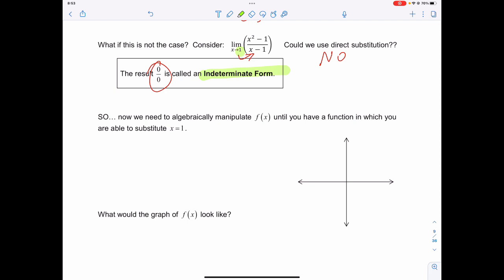In order to solve the limit for this, we need to algebraically manipulate f of x until we have a function into which we can substitute x equal to 1. Which means that I'm going to take the limit as x approaches 1 of x squared minus 1 over x minus 1.